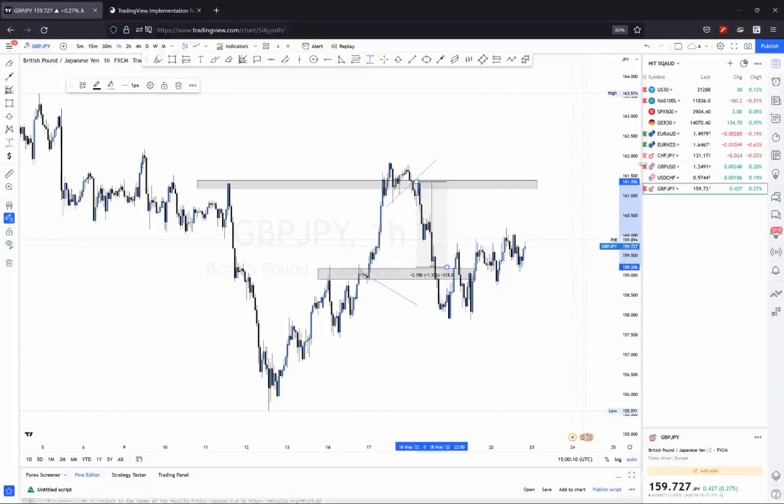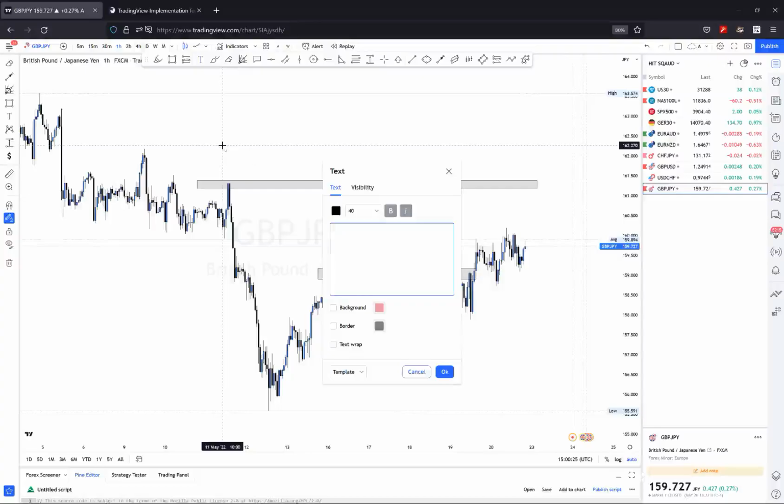So that will be minus 160 pips and then plus 215 pips. So that's what we made on the Forex instruments. We made 215 and minus 160 pips.